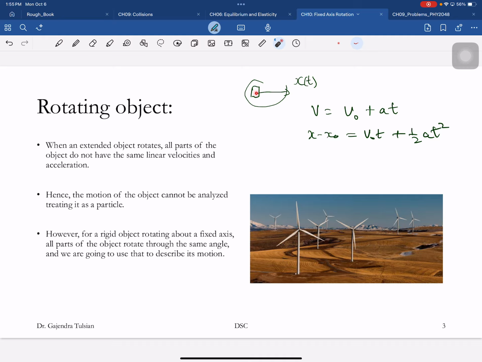When the object moved in translation, the displacement of every point, the distance that every point moved, was the same. Is there anything that is the same about this motion?